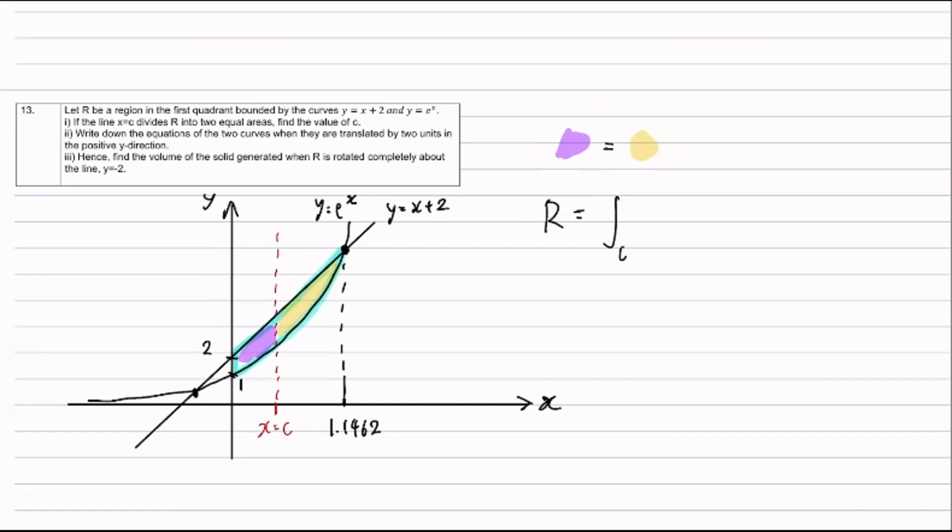0 to 1.1462. Yes. Then x plus 2 minus e to the power x. Much better. Good, good. Then this one you can use the GC to calculate numerically. Let's see, what do you get?